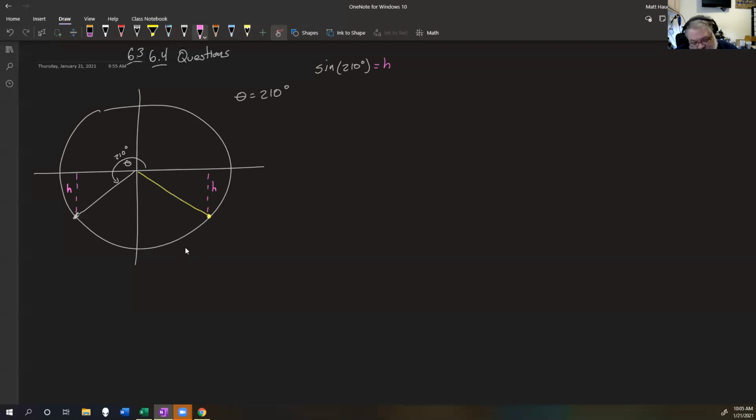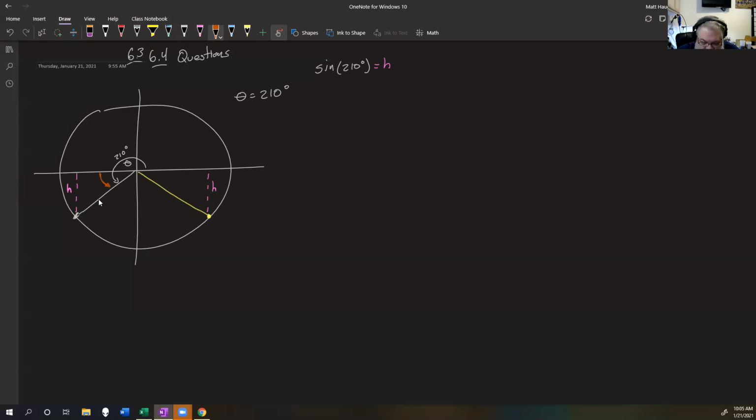Well, there's a couple of different ways we could figure it out, but one of the probably nicest is with what your text calls reference angles. So this big angle here is 210 degrees, but if I wanted to take just a little reference angle here, notice it's measured positively in its orientation, and it's measured from an x-axis.